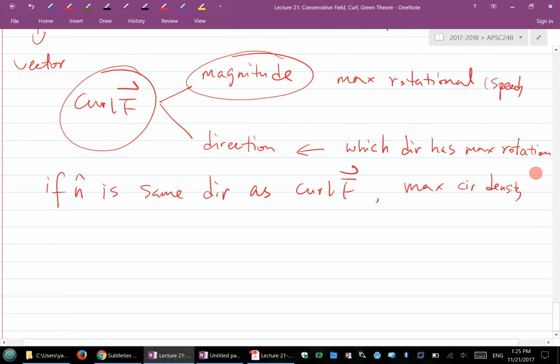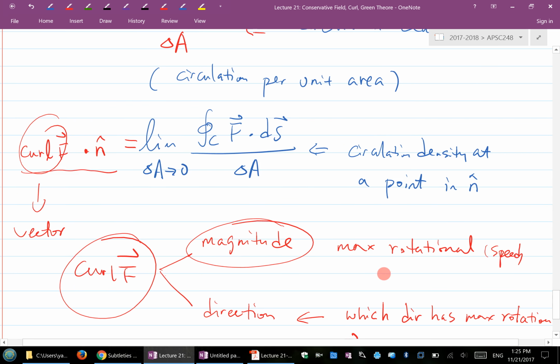So, any questions on the curl? Computation-wise, I don't see any problem. It's just a cross product. It's all about interpretation, and the interpretation can be directly remembered from this definition, the formula here. So curl dot n hat is equal to this.